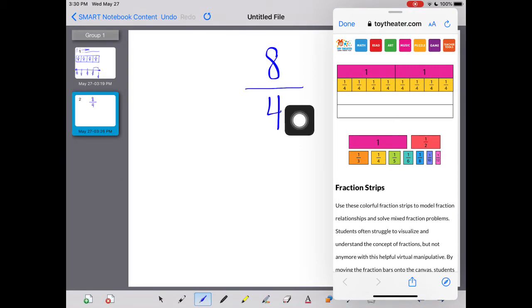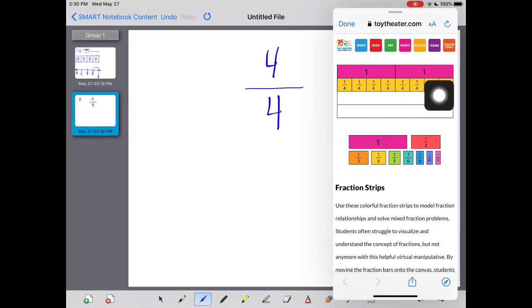But when you are describing more than one whole, you are going to have a bigger numerator, because you're going to have more pieces than it takes to have one whole. If you just had 4 fourths, 4/4, we just talked about it, represents one candy bar.